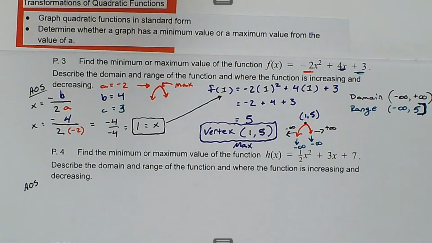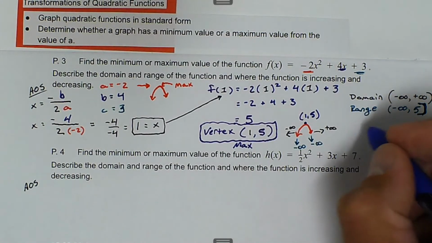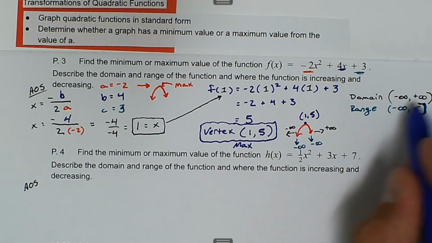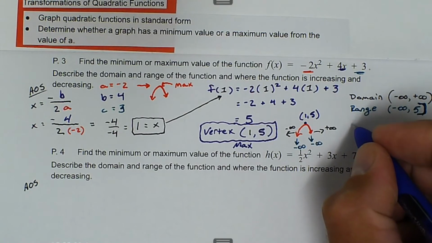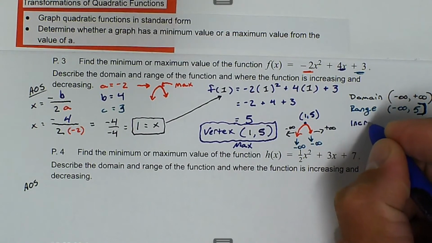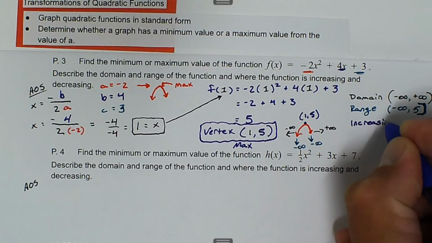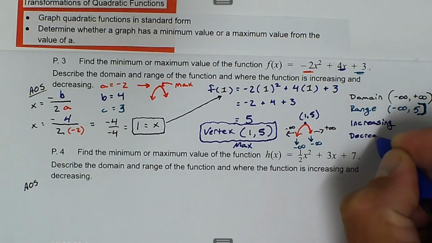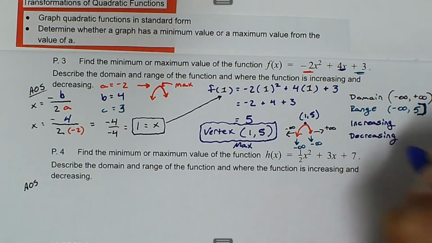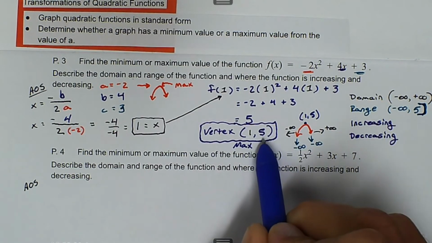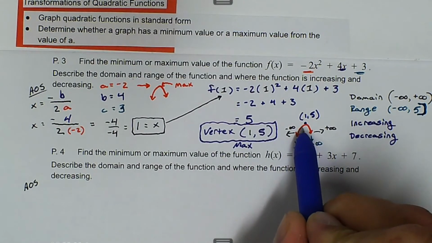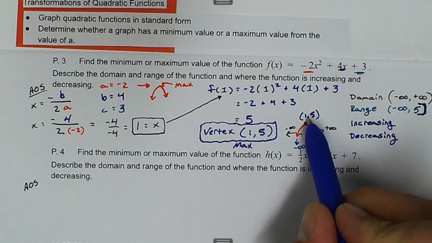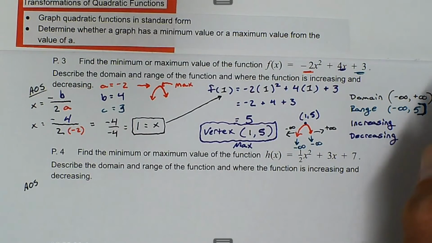Now, increasing and decreasing has to do with our domain, and we split it into two parts: increasing and decreasing. Increasing, we start at negative infinity and we make it all the way to the vertex, where the x value is 1.